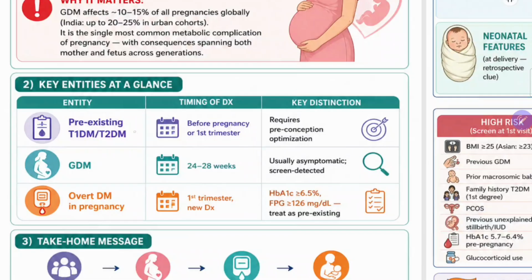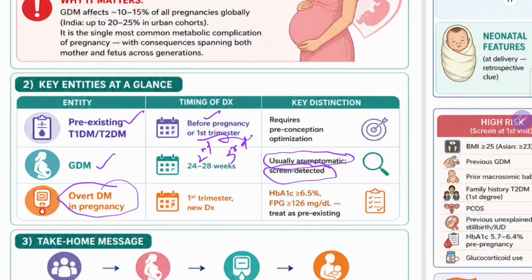Same thing, summary. So pre-existing type 1 or type 2: when we call it pre-existing, it is either before pregnancy or in the first trimester. When we call it GDM, it is diagnosed in the second or third trimester, and it is usually asymptomatic; by screening it is detected.